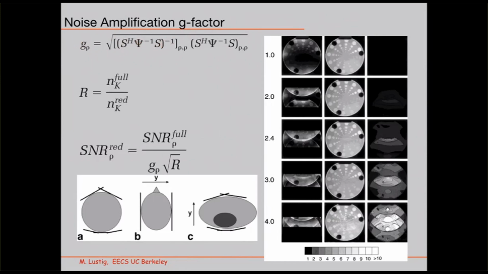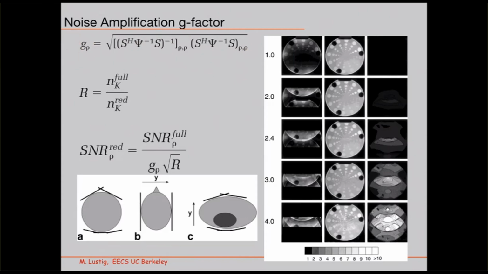Then you look at position rho, the pixel you're looking for, and multiply at position rho. If I'm looking at, let's say, the second pixel within the ones I'm trying to unfold, then rho would be 2. So it really depends on where it is, and you can get a particular G factor.